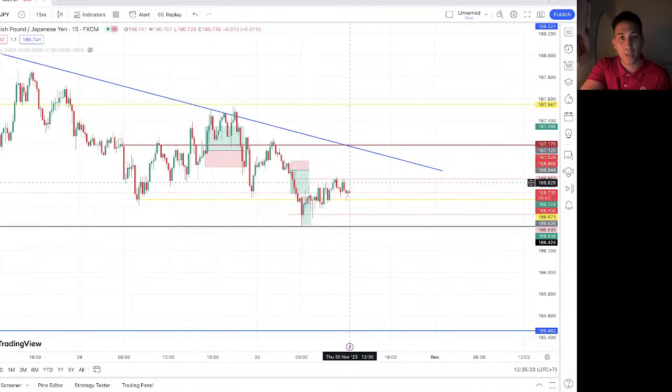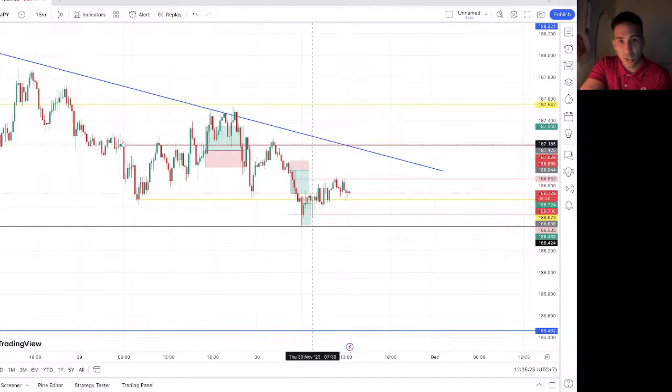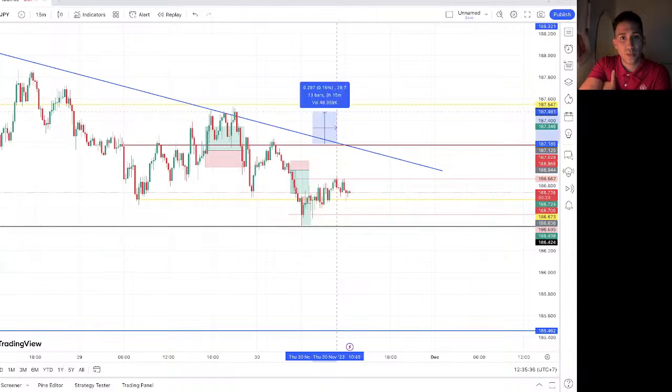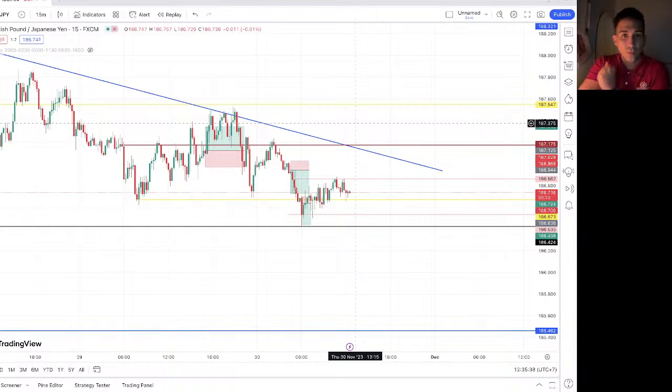So this range is easily tradable because the whole range is like 75 pips. So either you're going up or down, you can easily trade it.